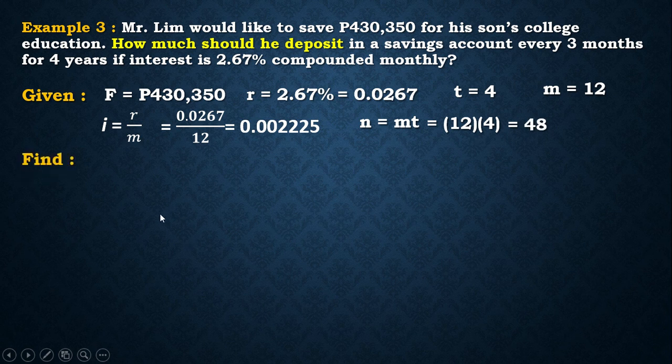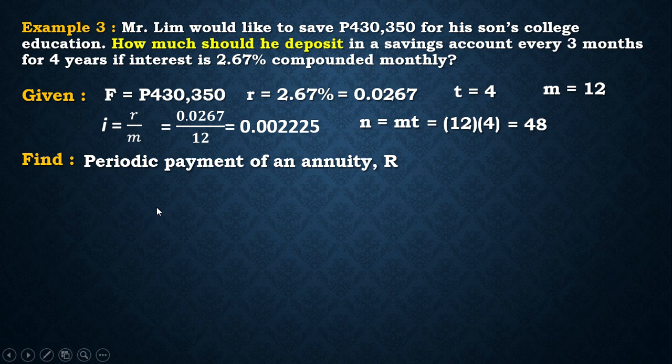Now, we have to find the periodic payment R of an annuity. Pero meron po tayong future value rito. So ang formula na gagamitin natin, the periodic payment of an annuity R is equal to the future value divided by the quantity of 1 plus I raised to n minus 1 divided by I. Again, yung 1 po doon ay constant.